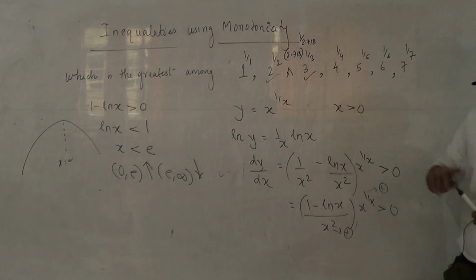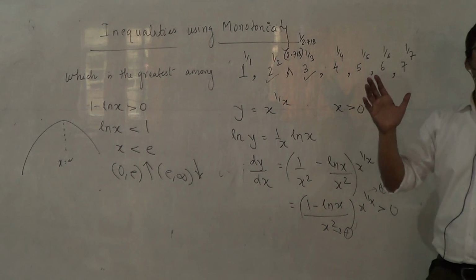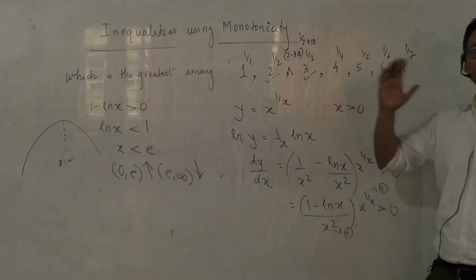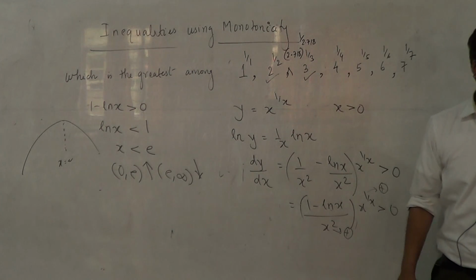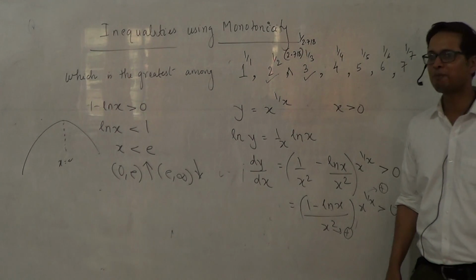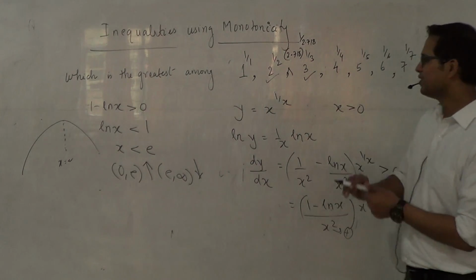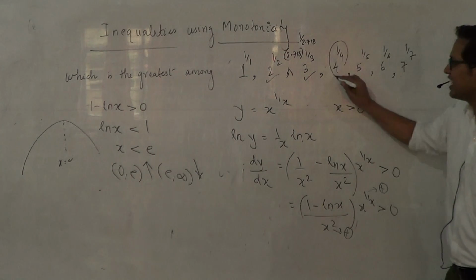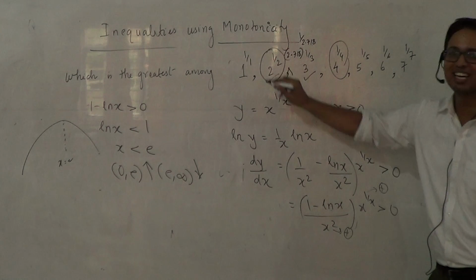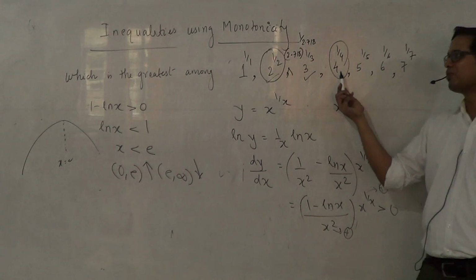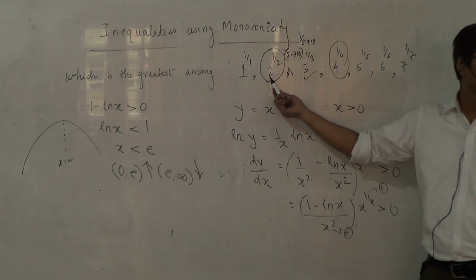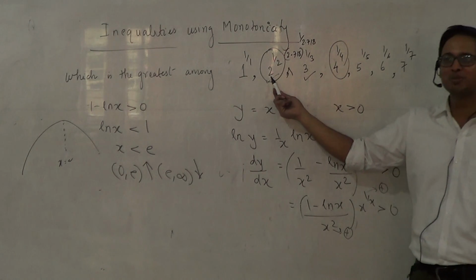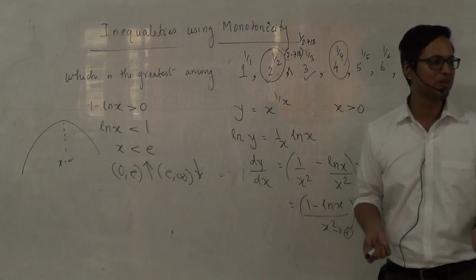Correct? Now on the left side, 2 to the power 1 by 2 is the winner. On the right side, 3 to the power 1 by 3 is the winner. Now who is the winner among both the winners? That I have to find out. Somebody just now pointed out this is the same as this, and you know this is more than this. Hence this has to be more than this also. 2 to the power 1 by 2 is the same as 4 to the power 1 by 4.